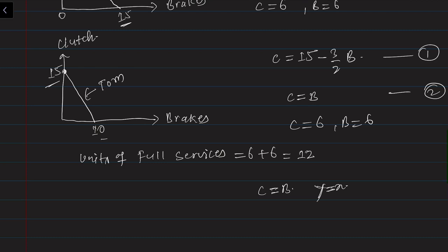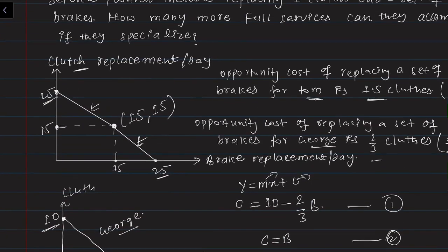And y equals x always passes through the origin, and the angle formed by the line with the horizontal axis is always 45 degrees.